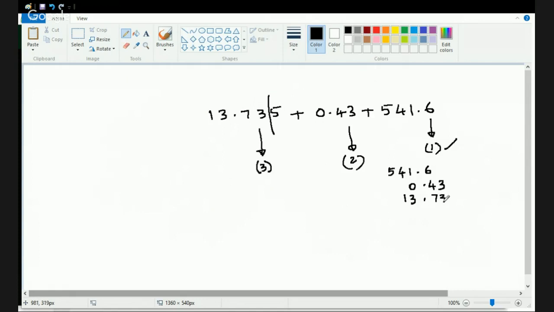You know 5 is something. When the previous one is odd, I should add 1. I should write that as 13.74. My dear, am I right? We talked about one rule. You have to add 1 to the previous digit, the preceding digit, if it is 5.